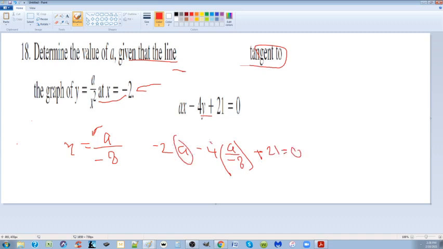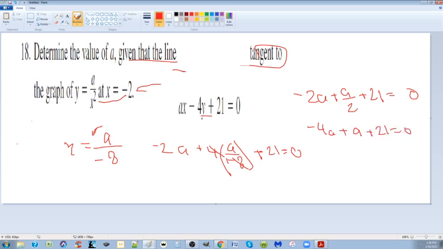Now you can see I only have a's in here. So I just got to expand that. So this becomes positive. So I get minus 2a plus a over 2 plus 21 is equal to 0. I can just multiply everything by 2. So I get minus 4a plus a plus 21 is equal to 0.